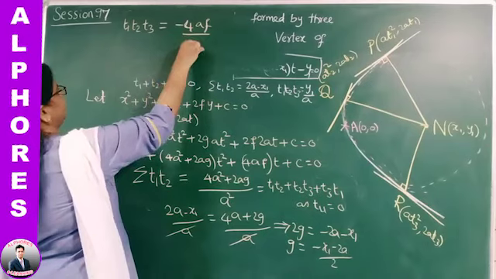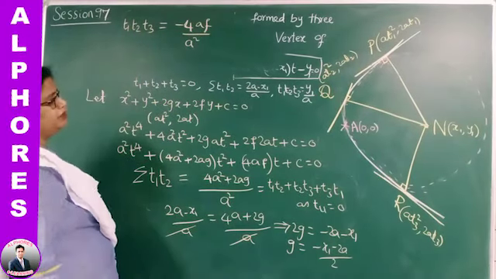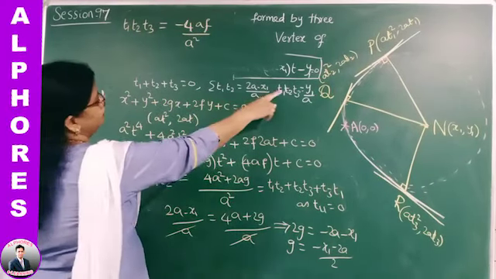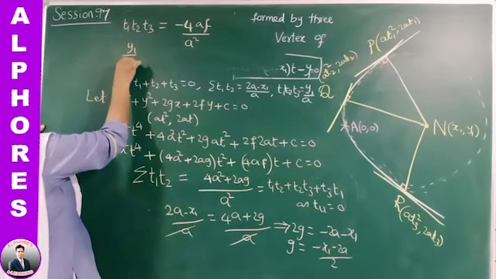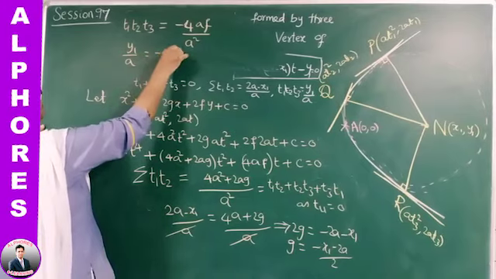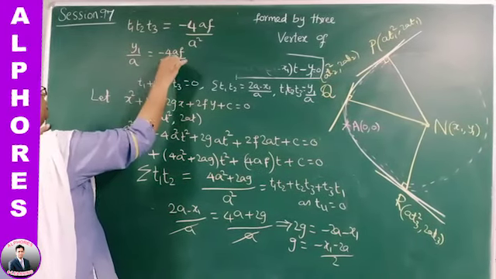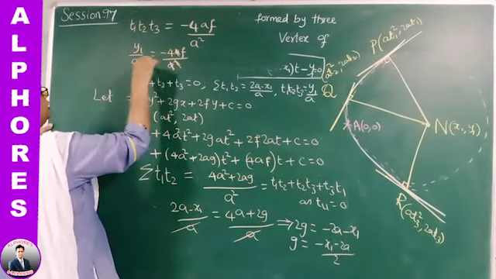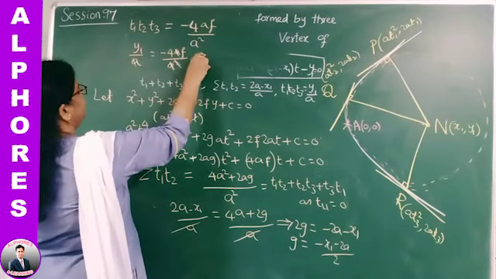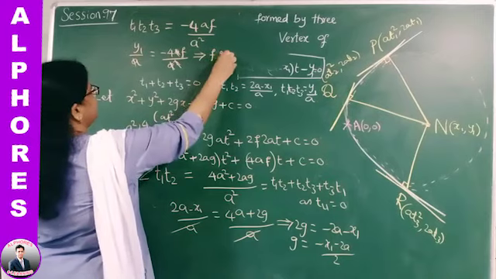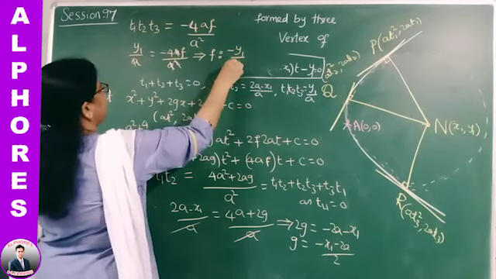A square. Right? Now T1 T2 T3 means again you can observe from here it is y1 divided by a. So y1 by a equal to minus 4af divided by a square. And if you cancel a here and here, clearly this minus f value, or f value, is minus y1 divided by 4.